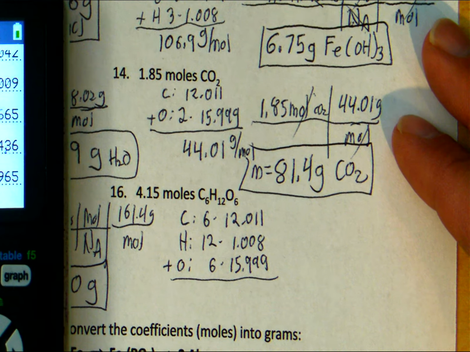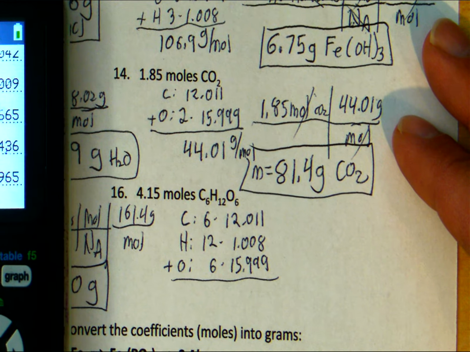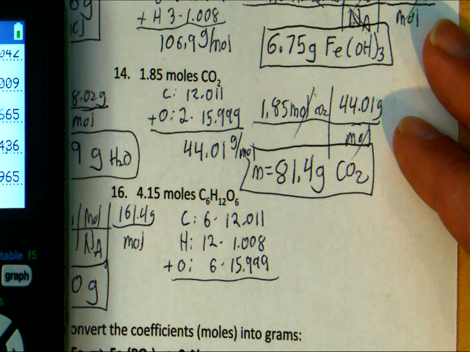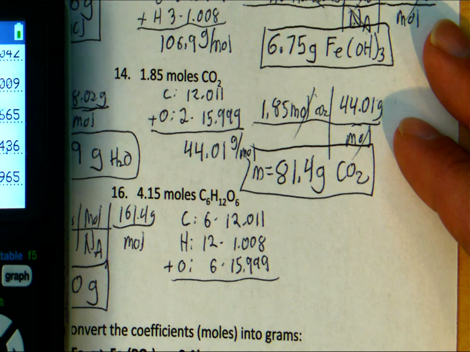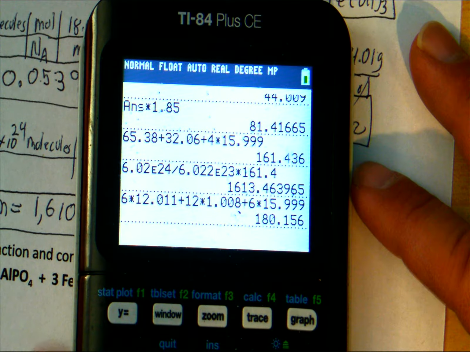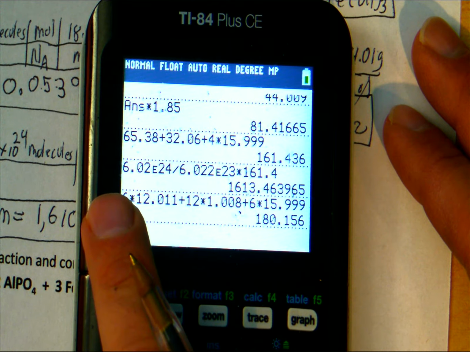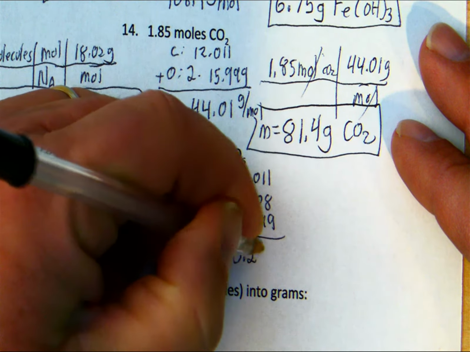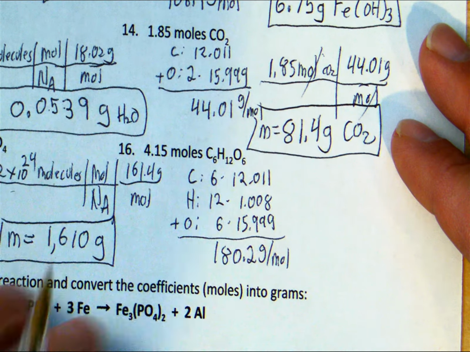So 6 times 12.011 plus 12 times 1.008 plus 6 times 15.999. Aren't calculators useful? And I get 180.2 grams per mole.